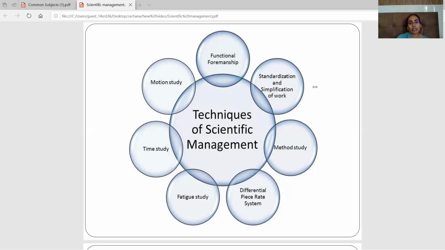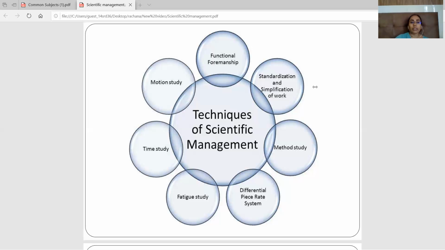The next technique is known as method study. The basic purpose of method study is to create an outline study to find out the most effective way of performing a job, so that we can standardize the method of doing a certain activity in the organization.